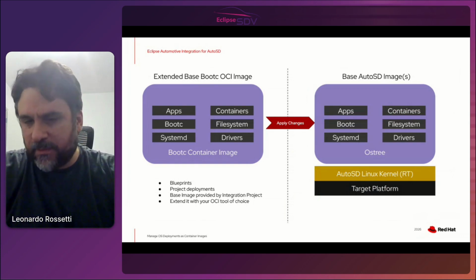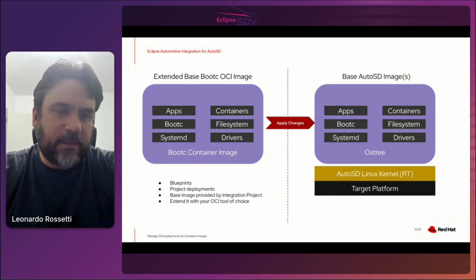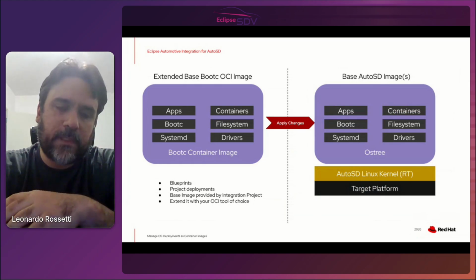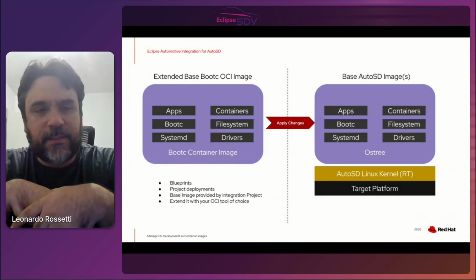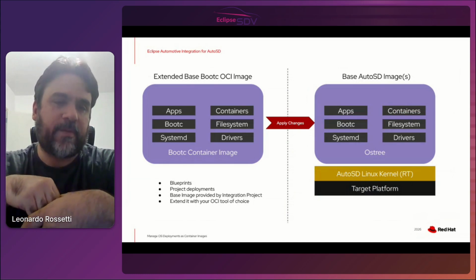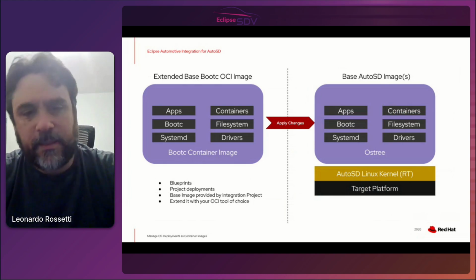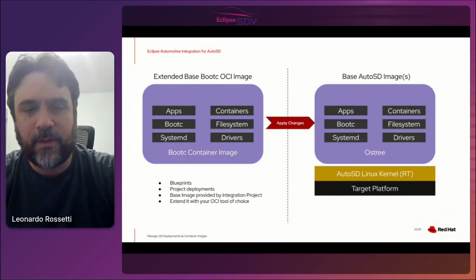What happens, which I'm showing at the end of the presentation in a hands-on demo, is that we're going to use a bootc CLI to apply the layers of a container image that's hosted on a container registry into the AutoSD operating system, we're going to reboot, and whatever is installed in that bootc image is going to be deployed into our AutoSD operating system.